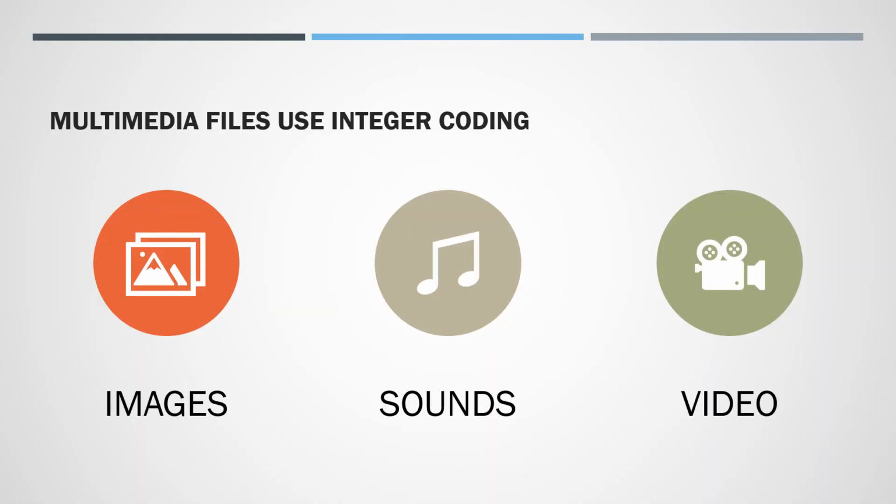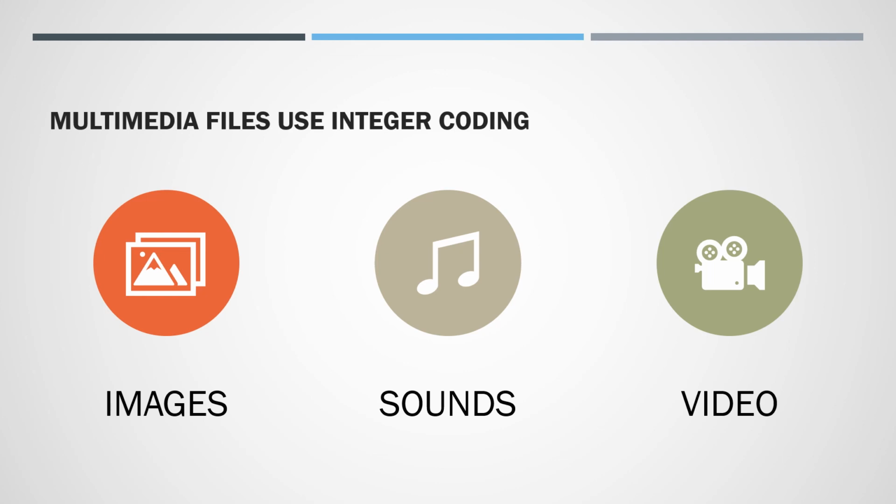I'm just coming to the end now, but as well as character files, you can also have other kinds of multimedia files, and they are all stored using binary integers. Images are stored using a color code, so each pixel in the image, each dot in the image, is stored as a number which represents the color of that dot.